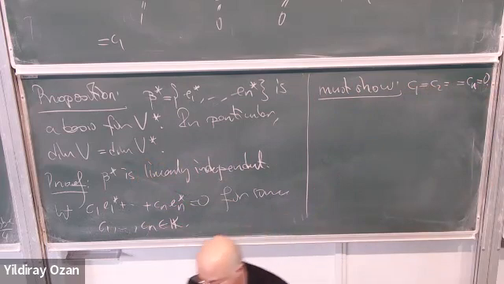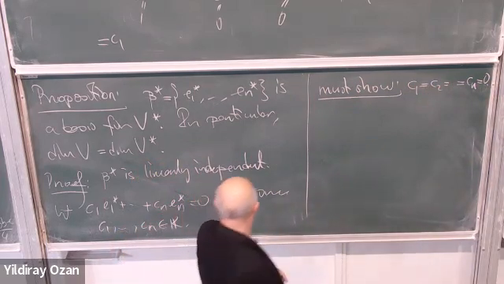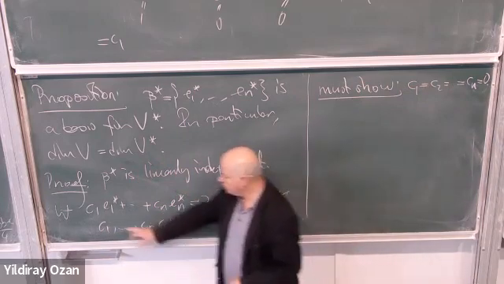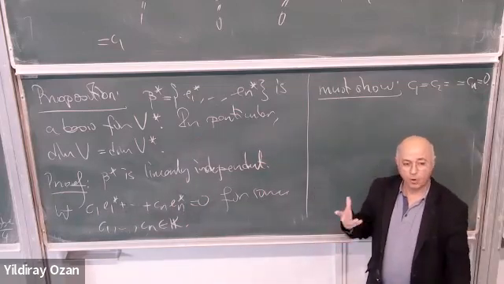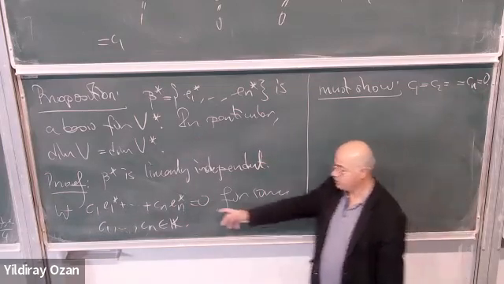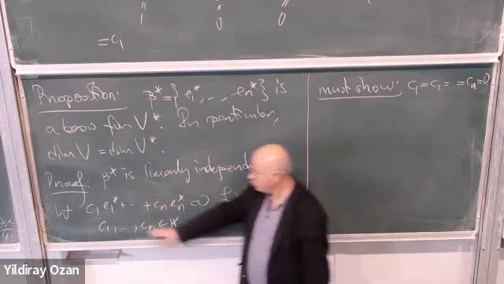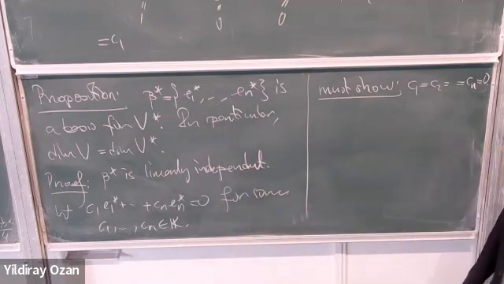That's what I need to show. Linearly independent means this. Any linear combination which is equal to 0 should imply that all these coefficients are 0. In other words, the only linear combination of these vectors which is equal to 0 can be obtained by choosing these constants as 0. Otherwise, it won't be 0.